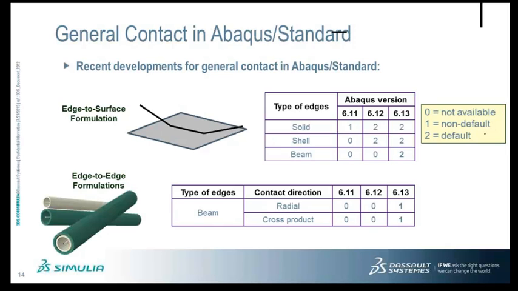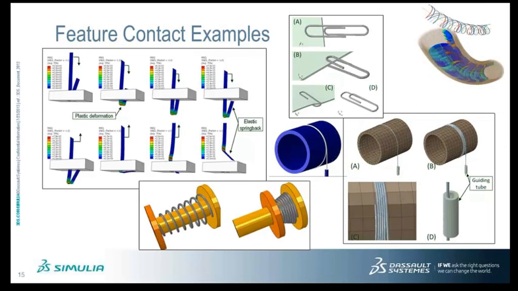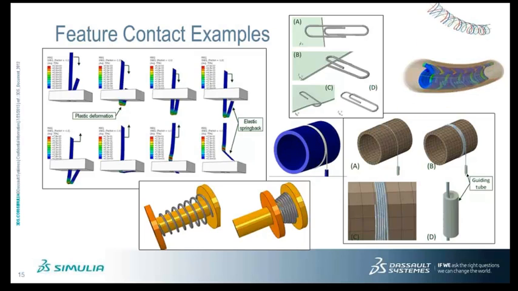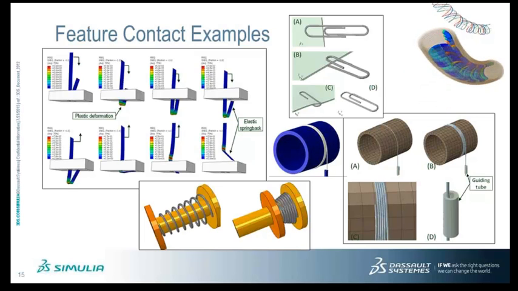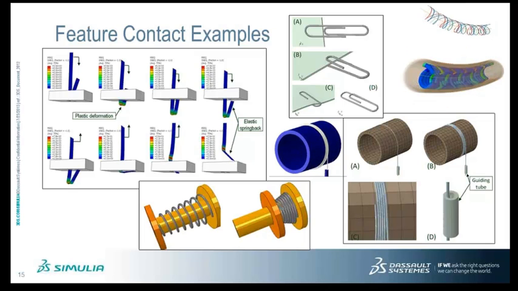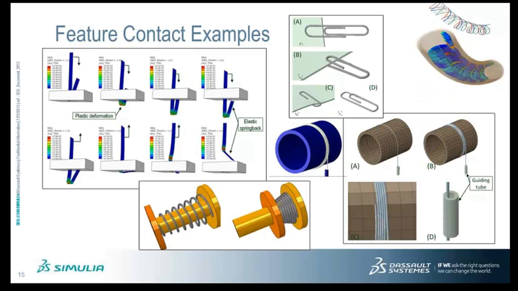So we can go to the next slide, where we have some examples showing some of the types of simulations you can do now with this new capability for beam contact. The animation that's running up in the upper right-hand corner is actually something from a customer. Both animations show a coil of beams inside a flexible tube.